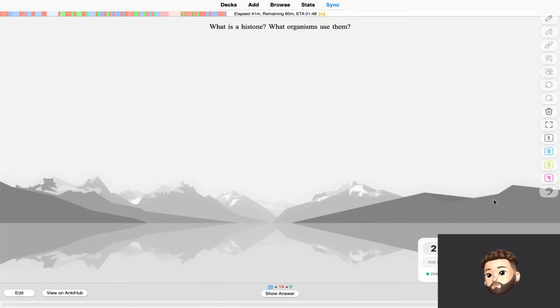What is a histone? My guess is it's this thing that DNA wraps around, and it helps to suppress certain parts of the DNA so that they're not being transcribed.